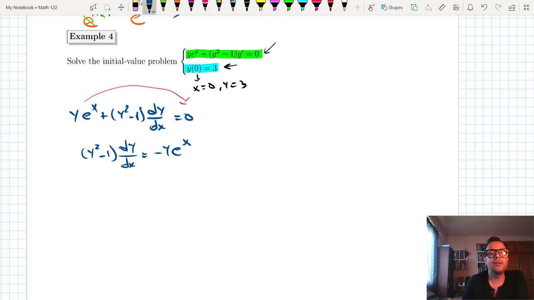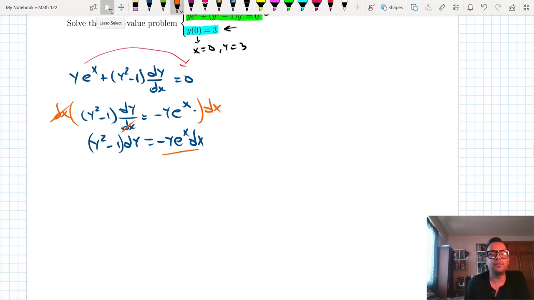Okay, I'm going to multiply both sides by dx, move it there to start separating the variables. This is going to give us y squared minus 1 dy. We should have parentheses around, equal to negative y e to the x dx. Finally, we are one step away from the separation of variables on both sides. Okay, what did we do here? Multiply by dx, cancel.